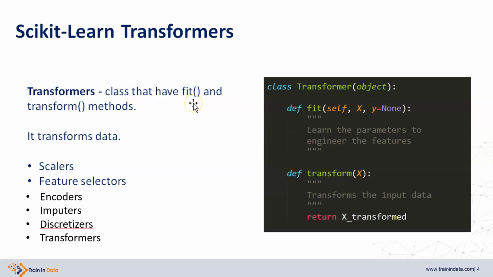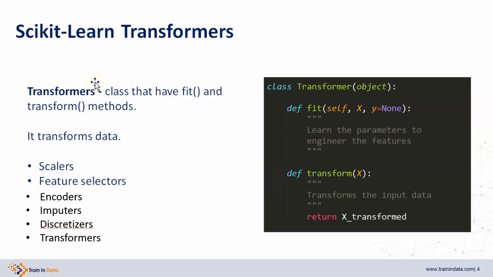Transformers are classes that have the fit method and then the transform method. The fit method is very similar to the estimators. It learns parameters from a training dataset and then stores these parameters as part of the attributes. And the transform method takes in those parameters and uses them to transform the dataset.